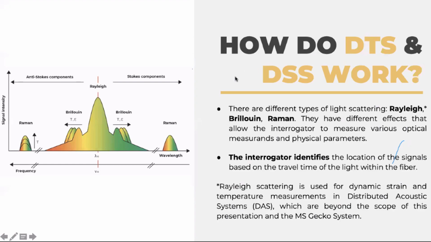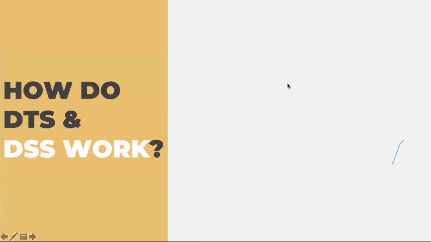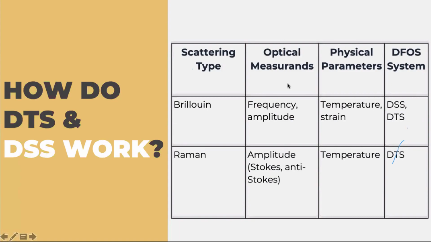This is the principle also related to the Rayleigh, Brillouin, and Raman backscattering, which we'll cover later on. Let's move to the next slide. So basically, how does it work?